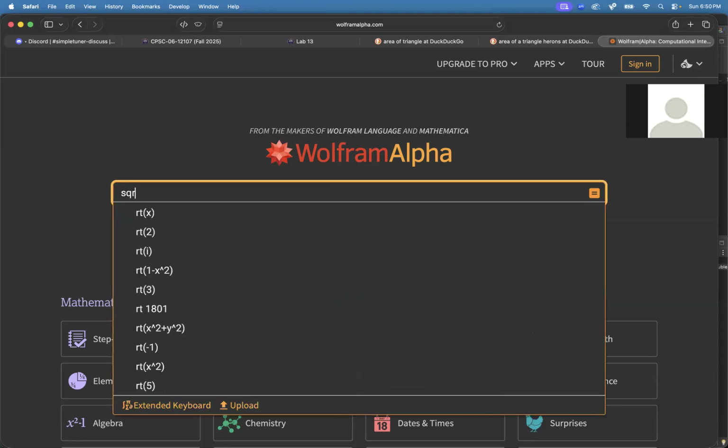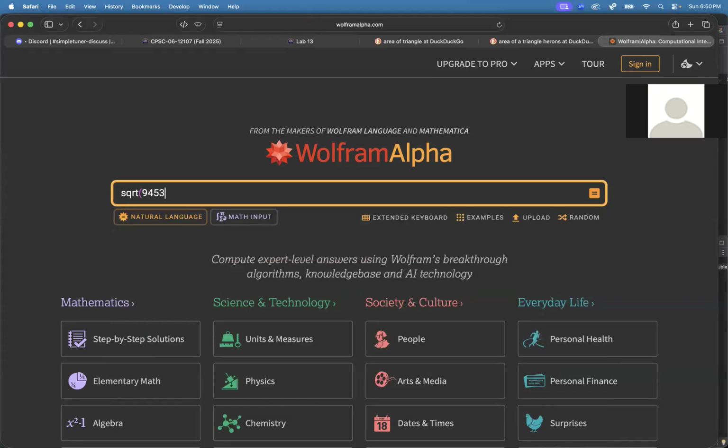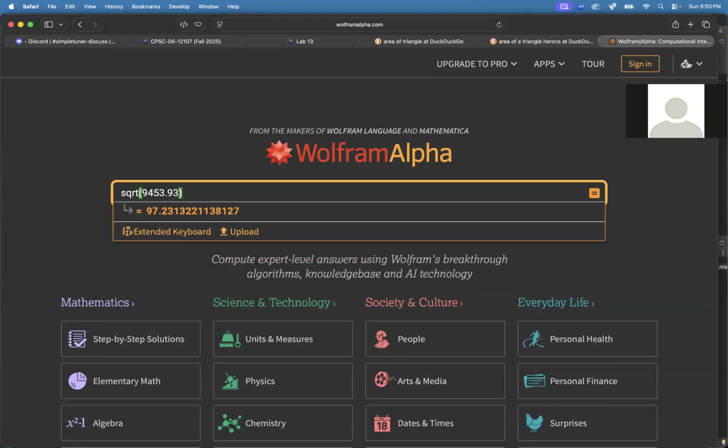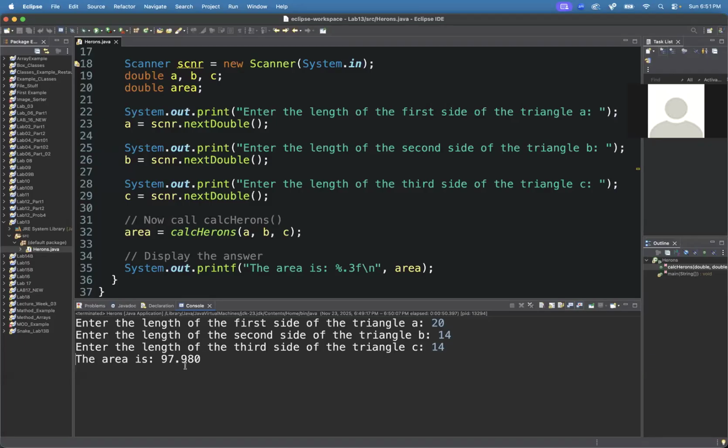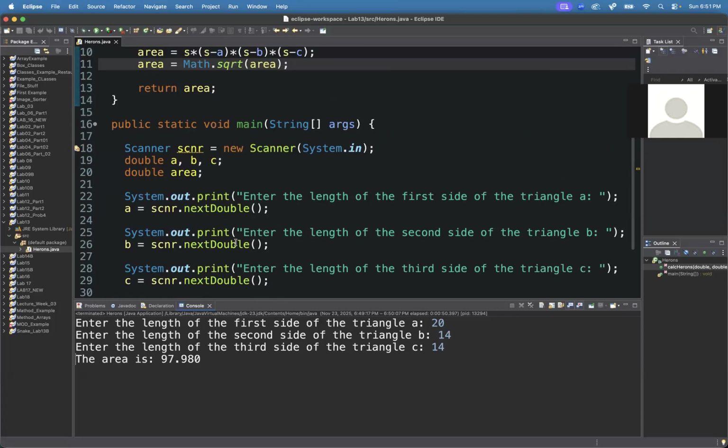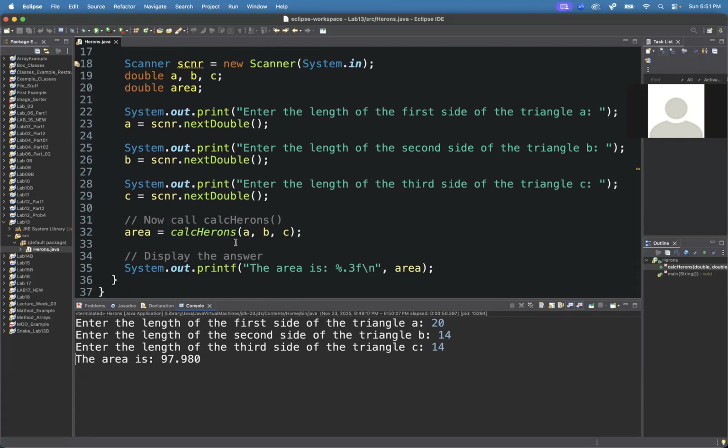Oh, I think it was something like that. And we didn't type the whole thing in, right? I stopped after two decimal places, but this was 97.23, and that's close to what we got. So that's probably right. So everything seems fine there.